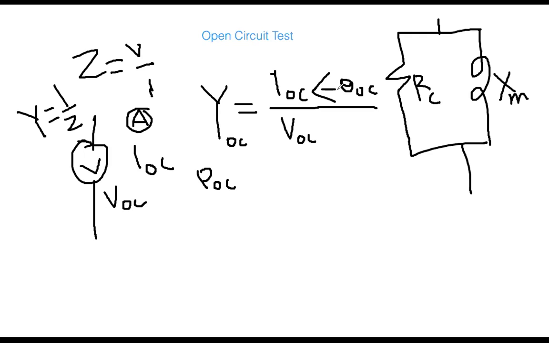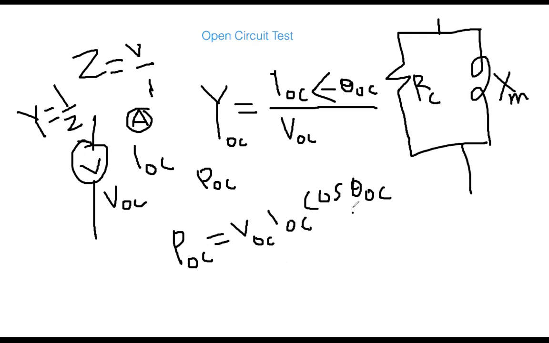So I put the minus sign here. Then how will we get that angle theta? Again, utilize the similar approach to the previous case. So POC equals VOC multiplied by IOC, and then cosine of theta OC.